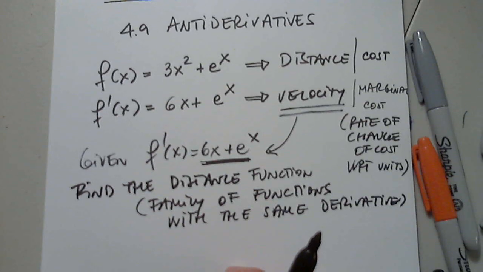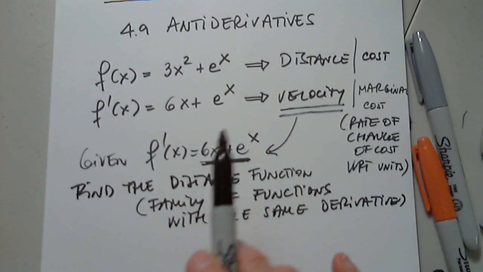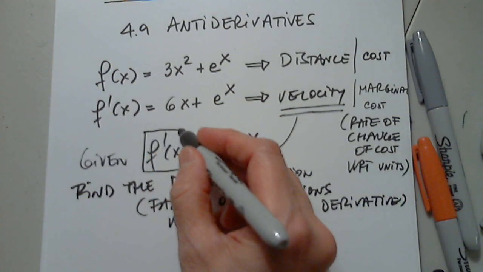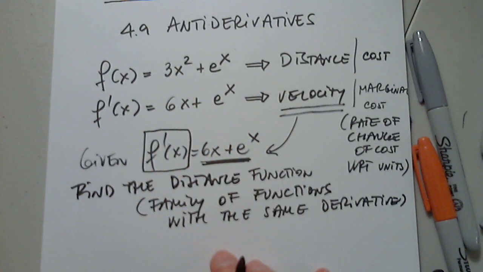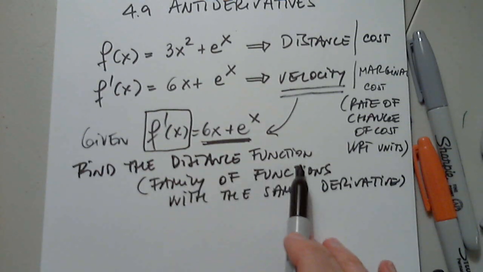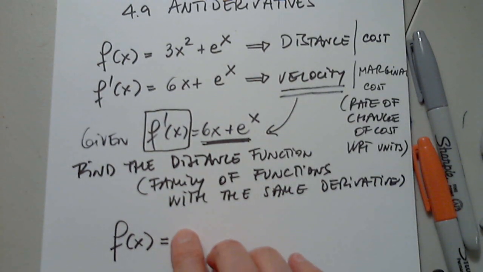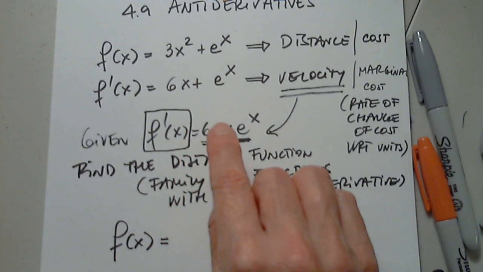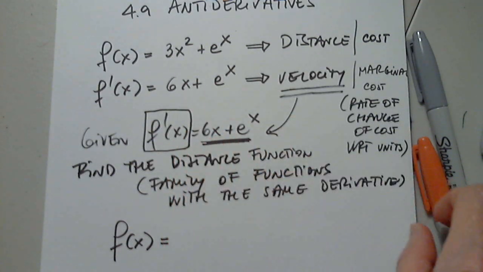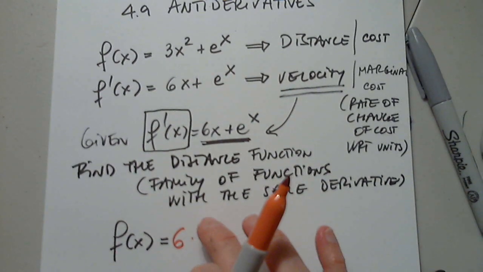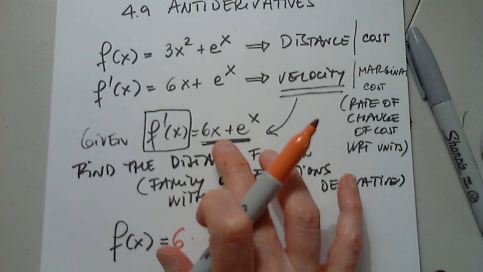So let's try to construct that, and then we'll talk about it in more detail. If the notation is given to us as f prime, and we're asked to find f of x, we want to construct step by step the function whose derivative is 6x. So I will copy 6, and I'm asking myself, which function prime is x?